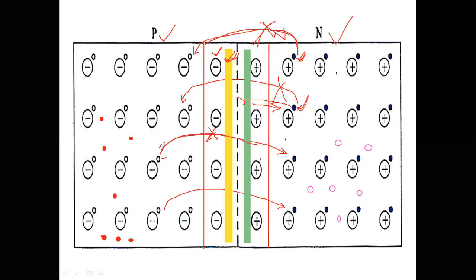Because it is repelling. So it is obstructing the flow of charge carriers now. So the positive charge doesn't allow this hole to move from the p side to the n side. Okay, so this is what is happening at the junction.